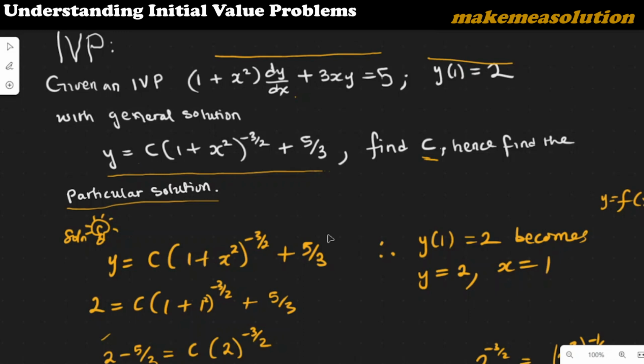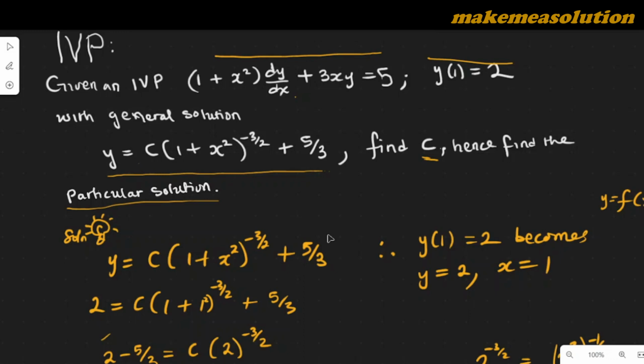Just before you go, take note of the following. A general solution is an expression of y whereby there is at least one arbitrary constant. A particular solution is a solution whereby through some initial conditions we are able to obtain the value of the arbitrary constant and express the solution in terms of the respective variables. No more arbitrary constants.